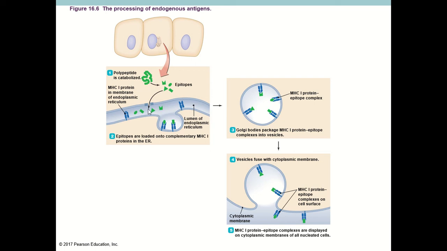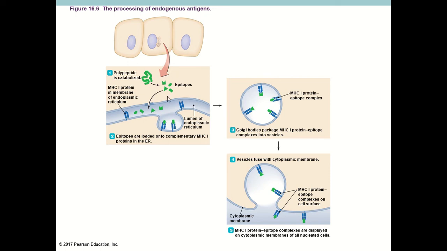Its job in processing endogenous antigens, which again, remember that these are basically proteins that were made by bacteria or viruses that managed to get into cells. Okay, so these are infected cells right here, trying to act against the virus or bacteria.